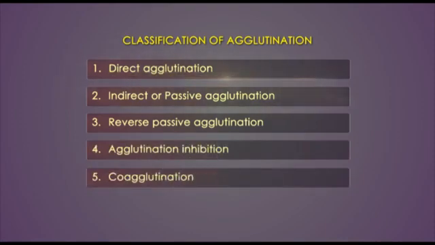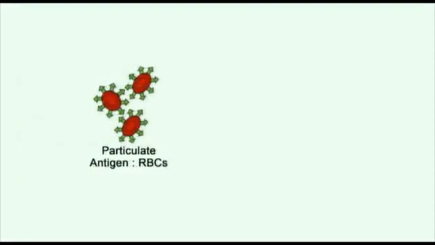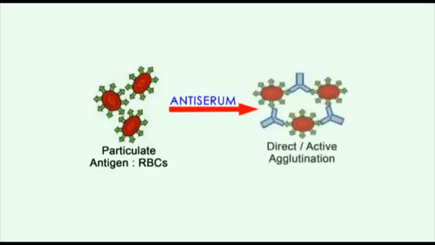Direct agglutination. Direct agglutination is a simple method in which antisera are tested against naturally found antigens. The antigens or particles in these reactions could be a bacterium, a parasite, erythrocytes, etc. It is a simple procedure in which antisera are added to the antigens to observe the lattice formation of agglutination.